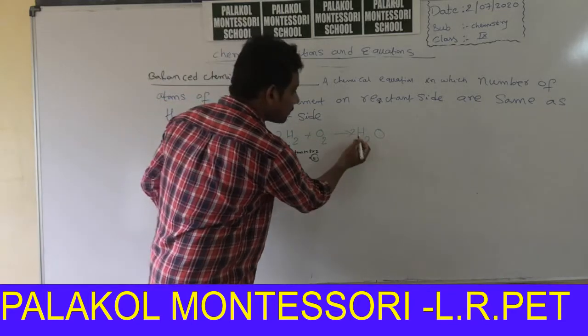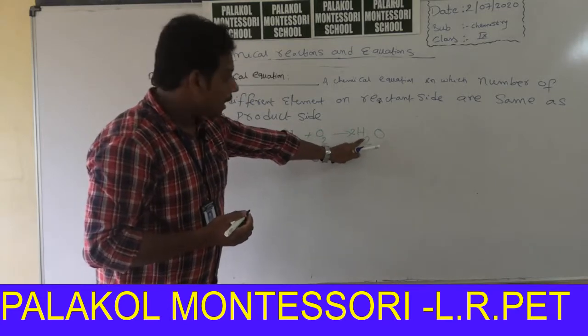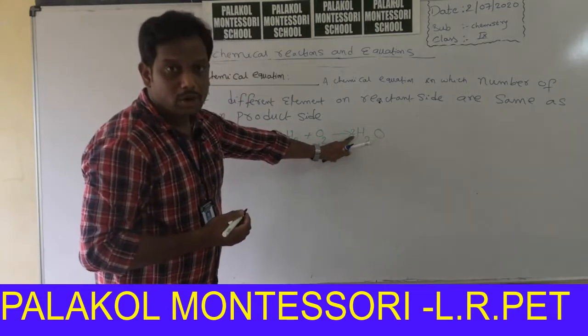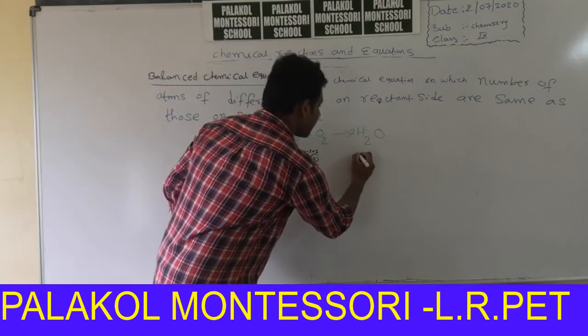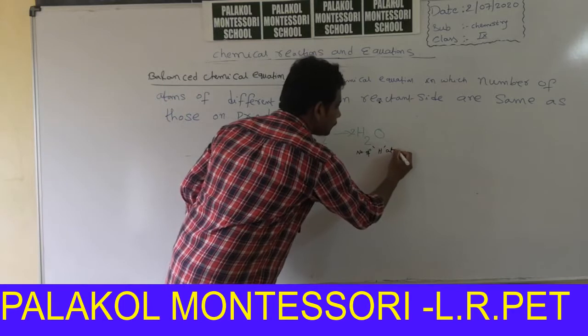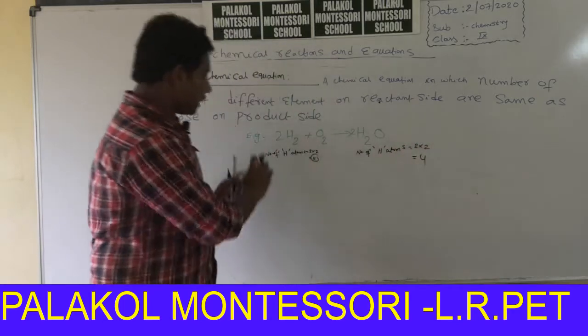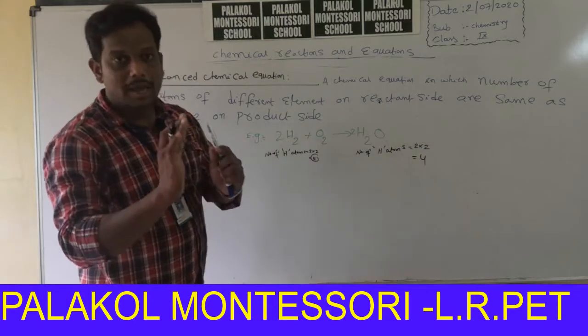On the right hand side, hydrogen again has subscript 2 and stoichiometric coefficient 2. Multiply these two: number of hydrogen atoms equal to 2 into 2, that is equal to 4. In this equation hydrogen atoms are balanced.